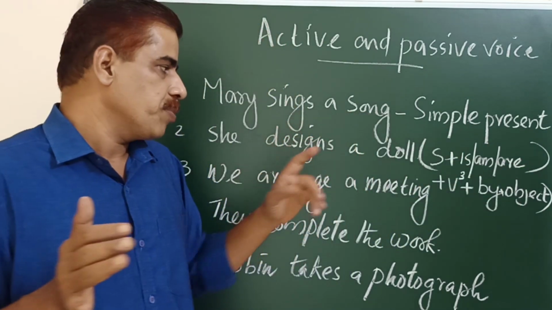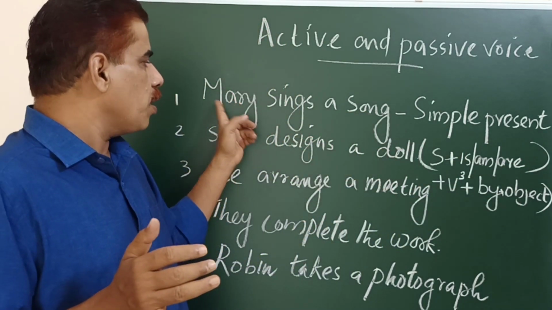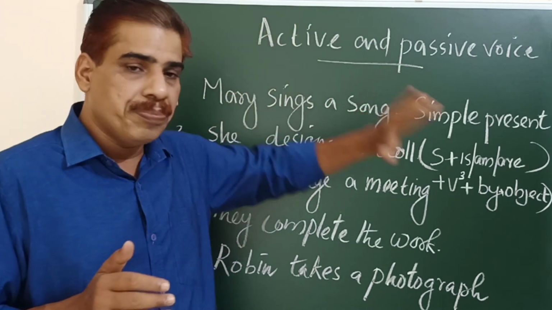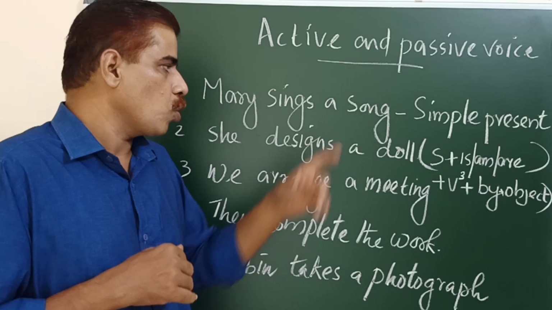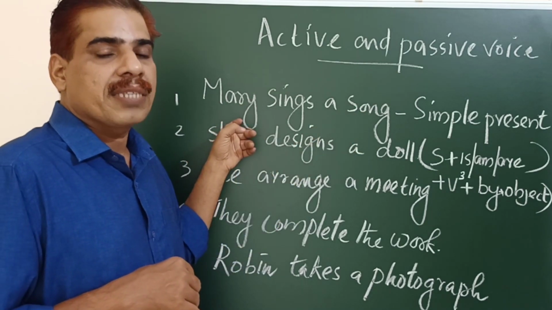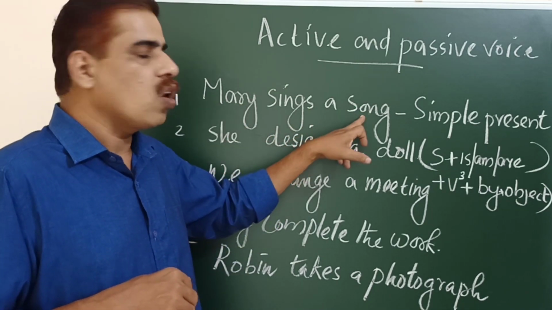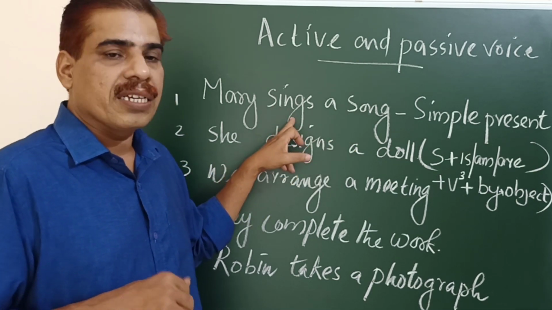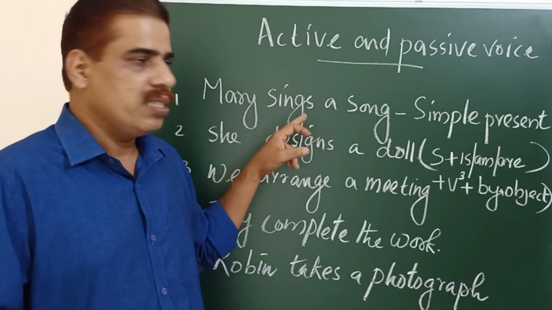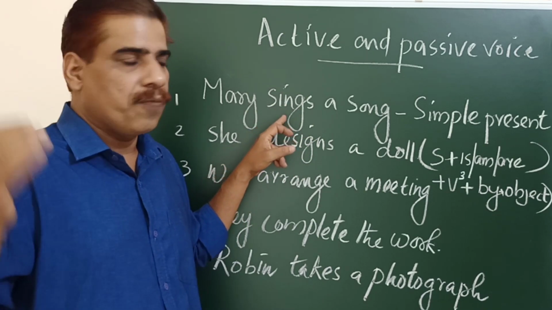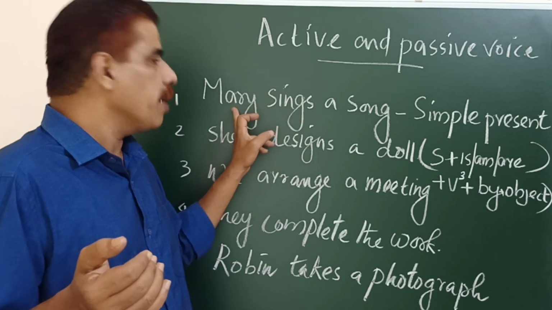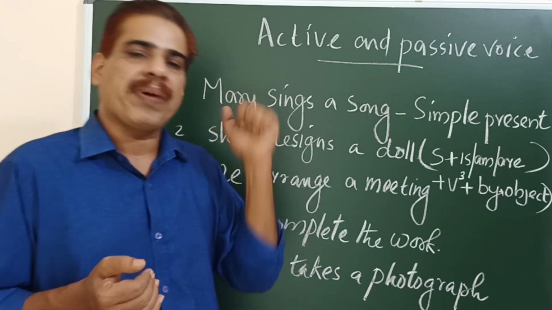Subject will be going last. Subject becomes object in the passive voice, and object will come in the subject place. A song is sing, sang, sung. Third form we have to use. A song is sung by Mary. That is the change that happens here.